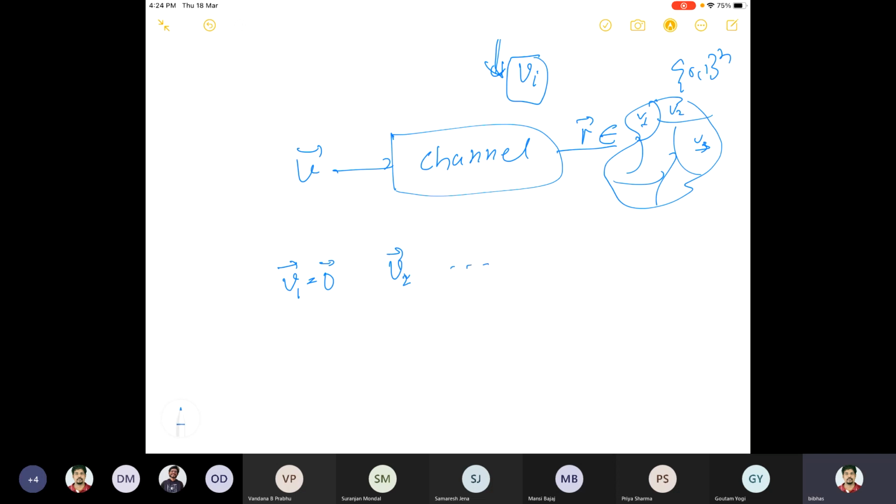So I'm constructing my first row, then V_i, and keep on doing that up to V^K. So first, I'm creating this array whose first row is nothing but the stack of the code words, and the first entry is the all-0 vector.